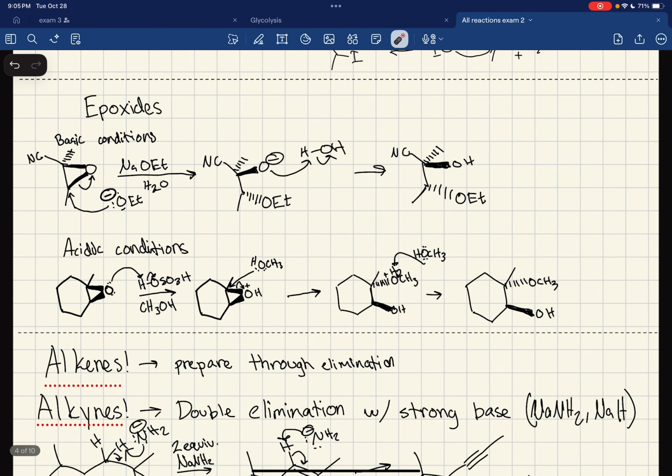With acidic conditions, the first thing that happens, like I said before, when there's an oxygen in a really acidic environment, is the oxygen is going to deprotonate the acid. And then because this is a positively charged species right here, it's going to push away from the group with more steric hindrance.